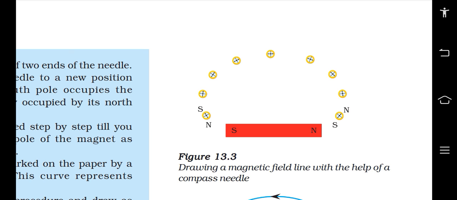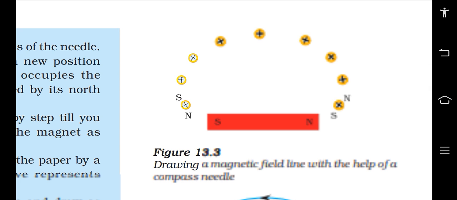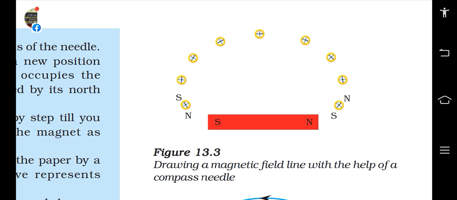The south pole of the compass needle points towards the north pole of the bar magnet, because here opposite poles are attracting. That's why the south pole of the compass gets attracted towards the north pole of the magnet.